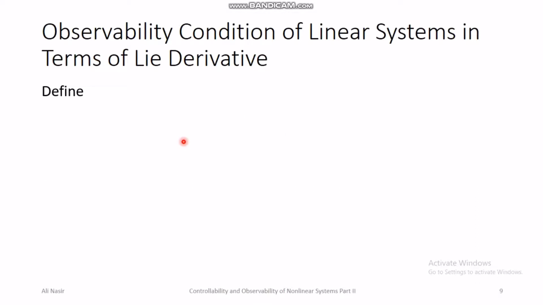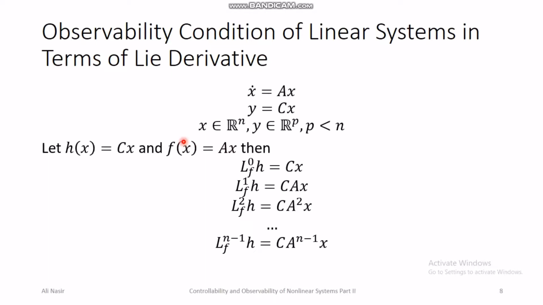Let me go back to the previous slide. If you take del of Cx with respect to x, it will be simply C. The next will be C into A, then C into A squared, and del of this would be C into A raised to the power n minus 1.